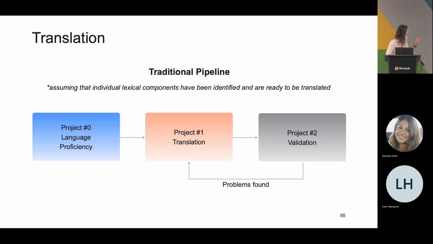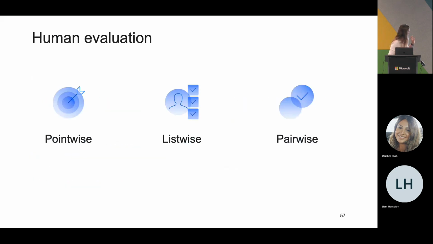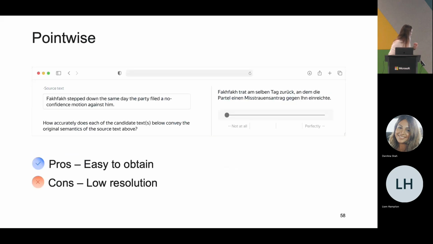Here I did talk about translation, but now I'm focusing on this last part, which is the validation. Basically, we want to ask the person if this is correct. I'm going to go back to this question. The low resolution here means I have the source text and the translation, and I have only one translation that I'm evaluating at one time.